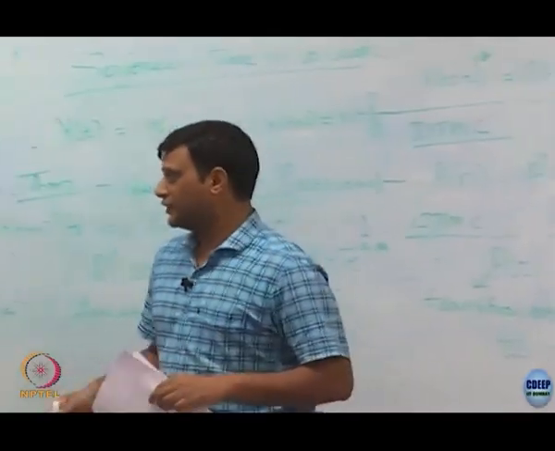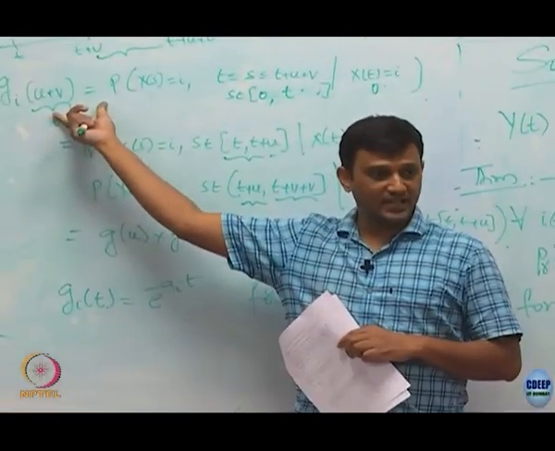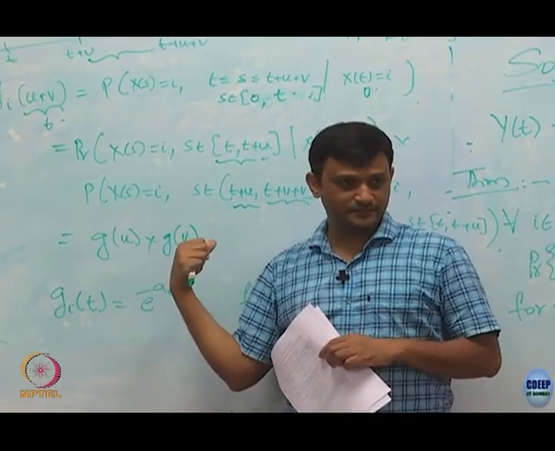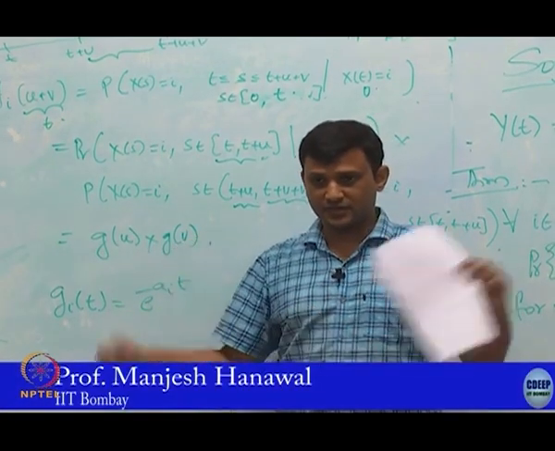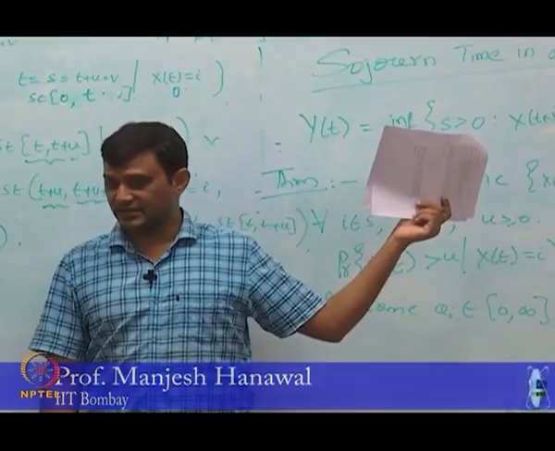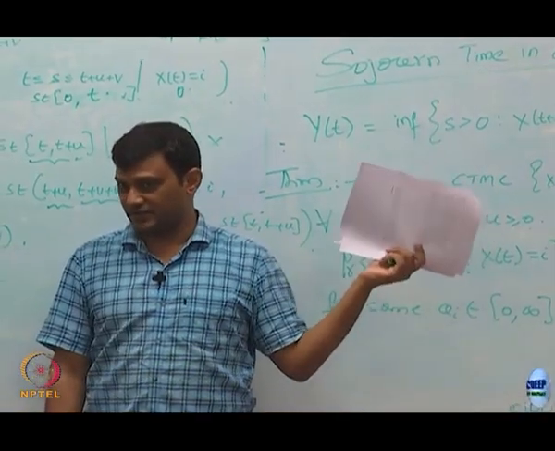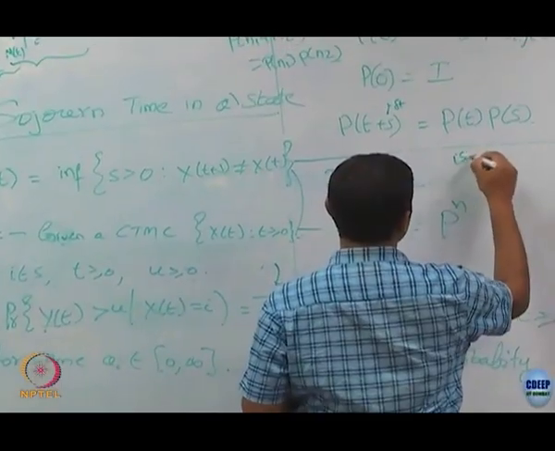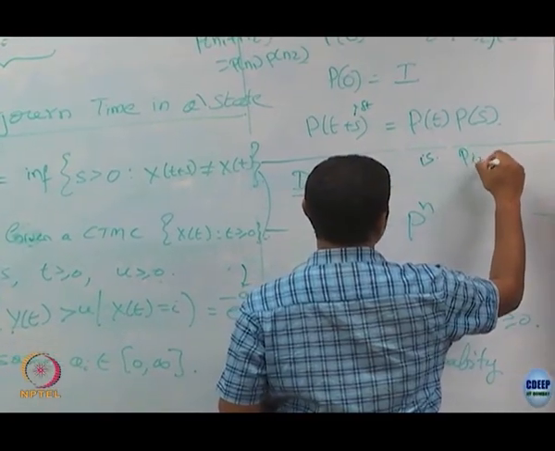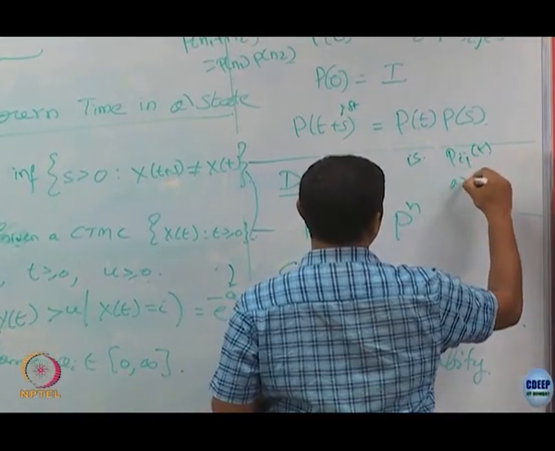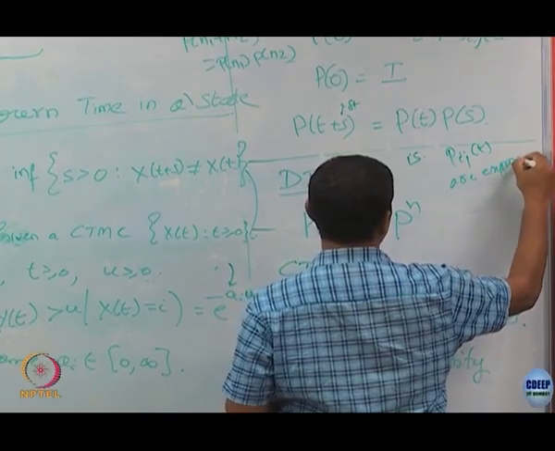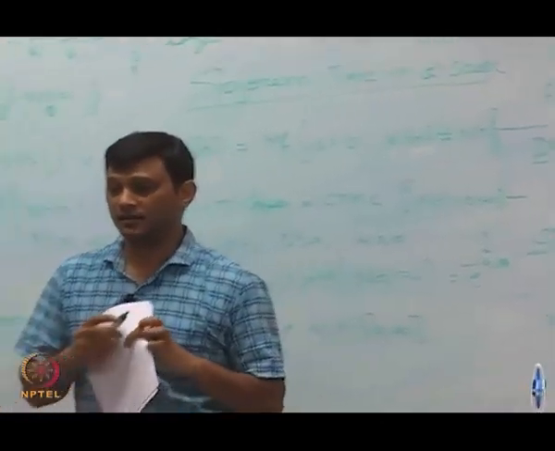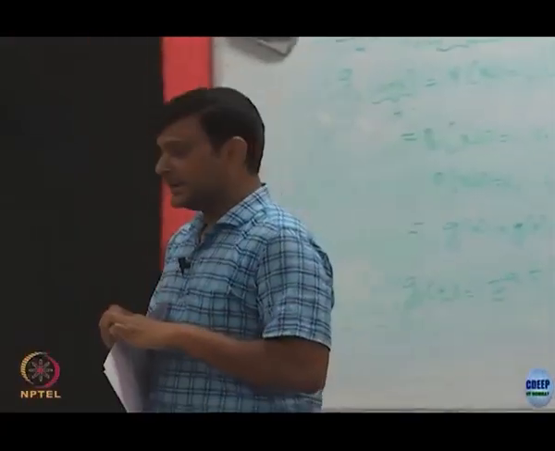If exponential is the only possible distribution that can be split like this, why is that not necessarily the case here? Okay, so let's check that: here is P ij, or exponential. So okay, let's stop here.